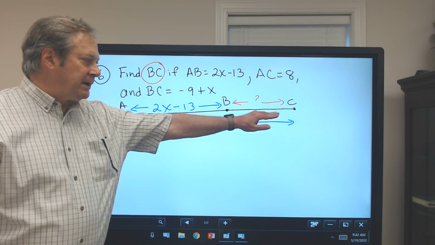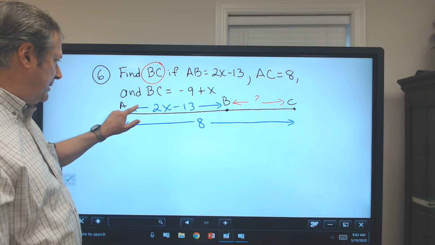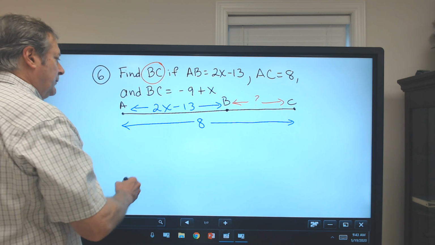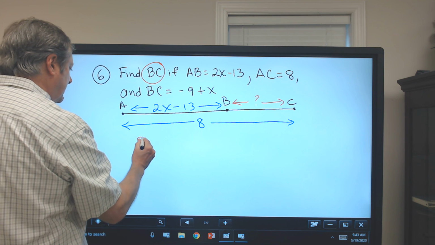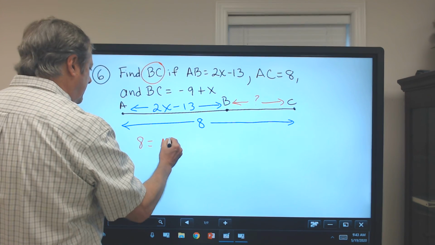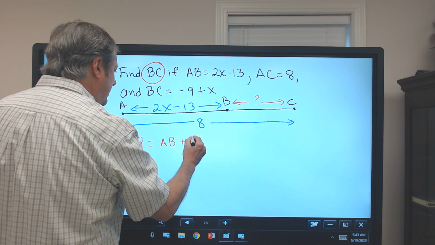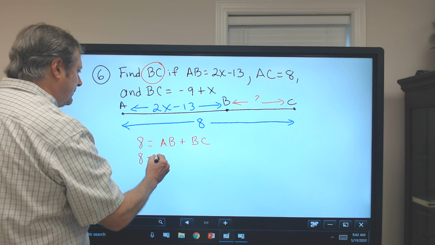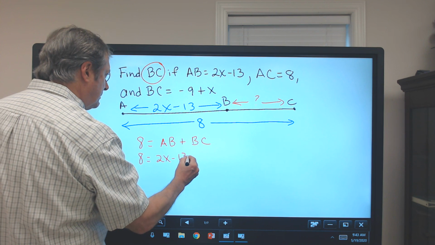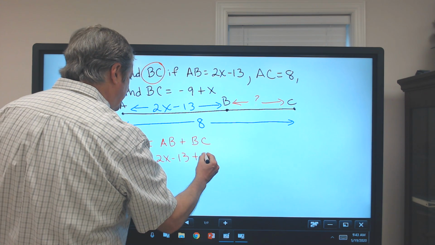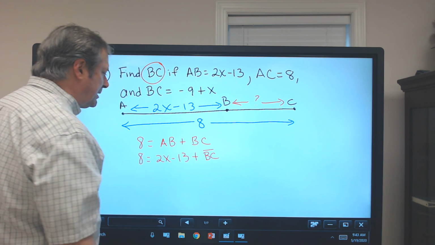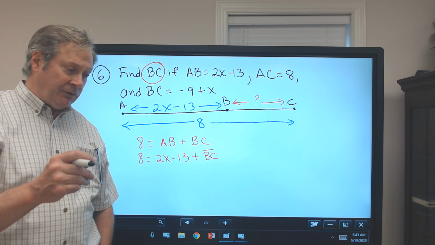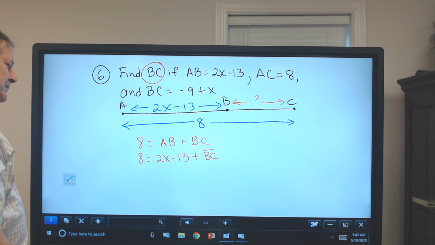We're going to take the whole length, 8 units, subtract from it this piece, and that will leave us B to C. So if you want to write it this way, we would say that 8 is equal to AB plus BC. Or in other words, from A to B we know is 2x minus 13 plus BC. Now I'm going to put a line over BC because that's typically the symbol for line segment, and that's what we're dealing with here.